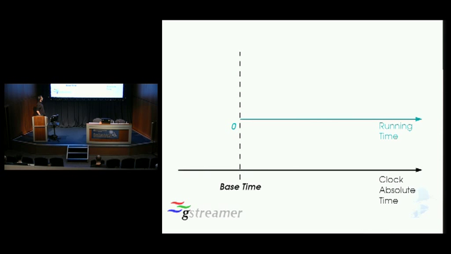What does it all look like? So that's our GStreamer clock absolute time. The moment we switch to playing, we get that clock value, and we're going to use that to determine the running time, the amount of time that we have been in playing. So obviously at the beginning it's 0, and then it increases.